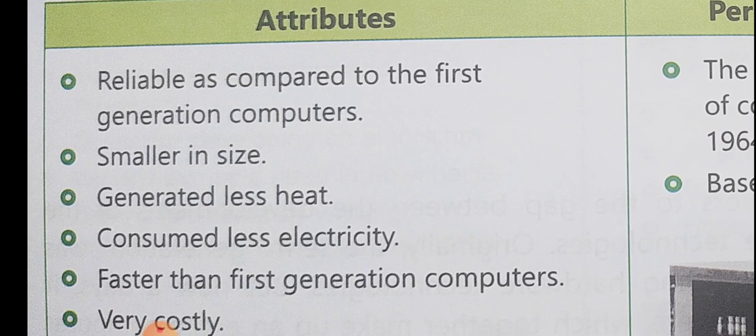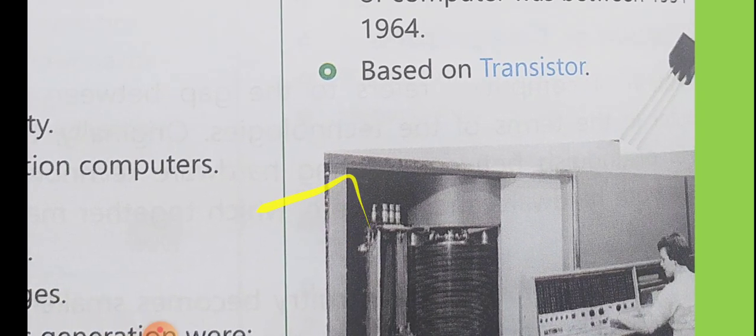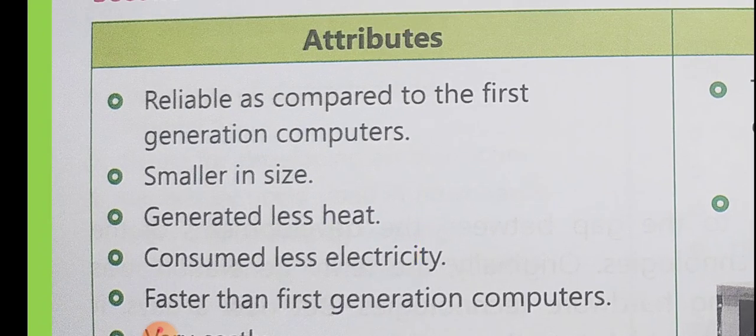1954 से 1964 तक रही है हमारी जनरेशन। सो वी कैन से दैट द पीरियड ऑफ द सेकेंड जनरेशन was between 1954 to 1964, and in this generation we use transistors as a सर्किट। ये हमारा ट्रांजिस्टर का पिक्चर है, तो ट्रांजिस्टर्स यूज़ होते थे हमारी इस जनरेशन में, एंड दे आर सम रिलायबल देन द फर्स्ट जनरेशन कंप्यूटर्स। मीन्स थोड़े बहुत रिलायबल थे ये हमारे इन कंपैरिजन टू फर्स्ट जनरेशन, and the size is somewhat smaller than the computers of the first generation.